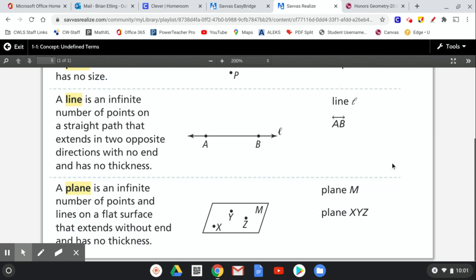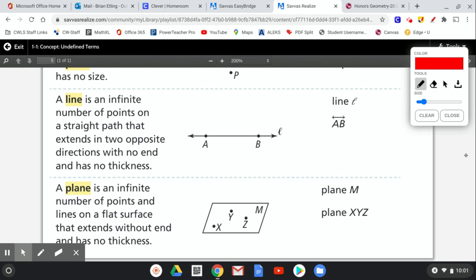So if you scroll down here, we have a line. A line is an infinite number of points, and we denote that it's infinite by looking at these two arrows. That means it goes on forever in either direction.